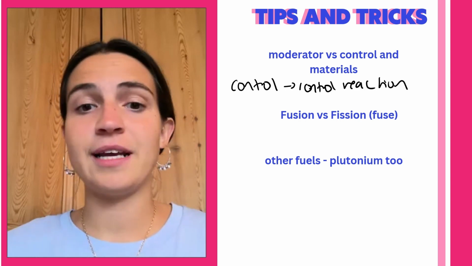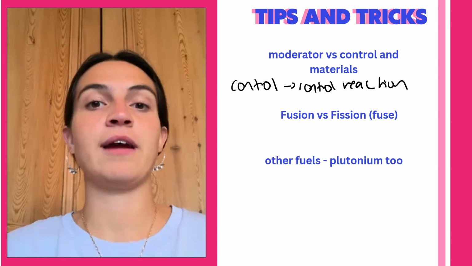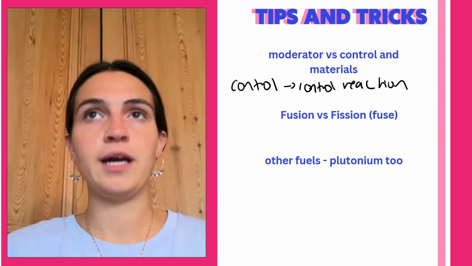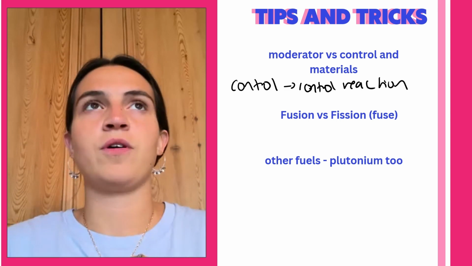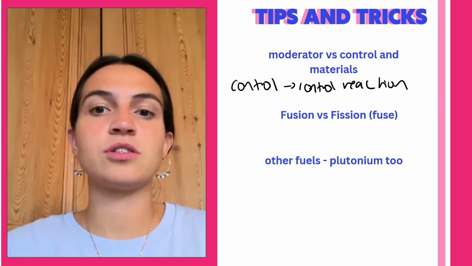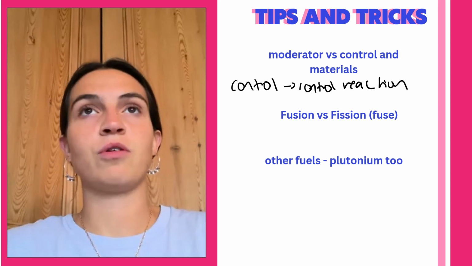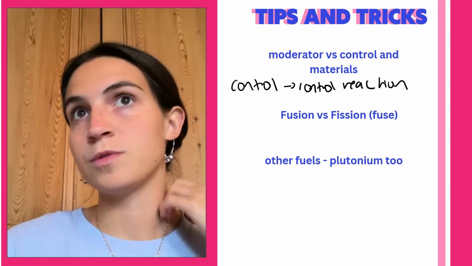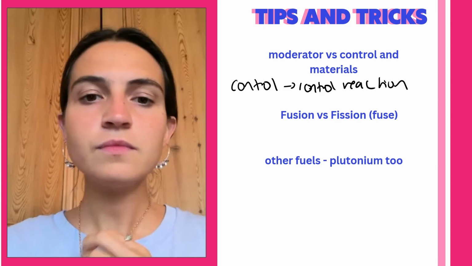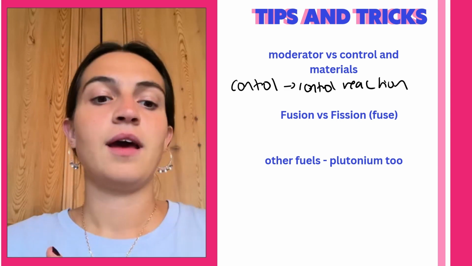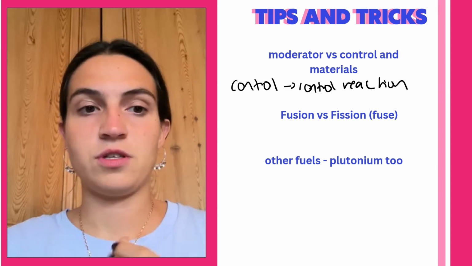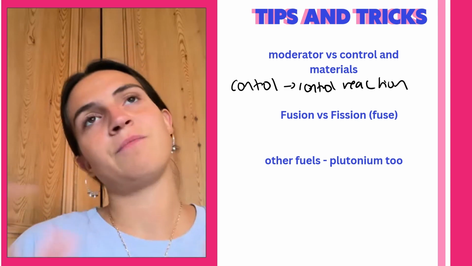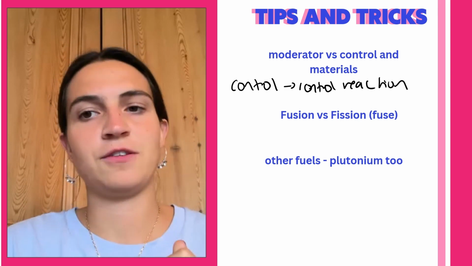So the important thing is it is your control rods that can really help control your reaction by absorbing neutrons and making that reaction slower, or lifting your control rods up so fewer neutrons are absorbed to make that reaction quicker again. And your moderator is just allowing those neutrons to move slowly enough so that they can be absorbed by uranium-235.